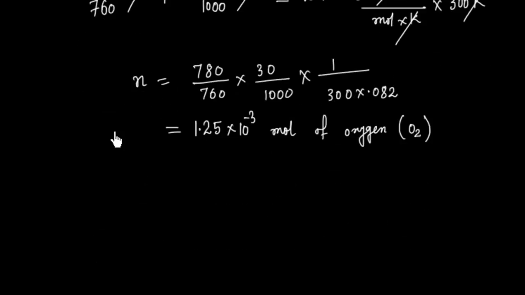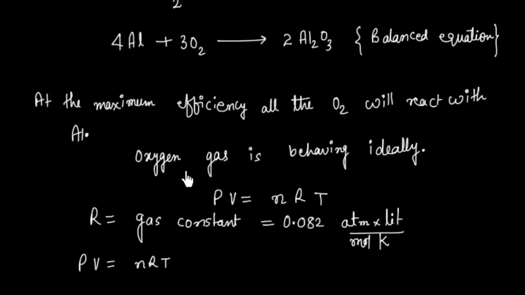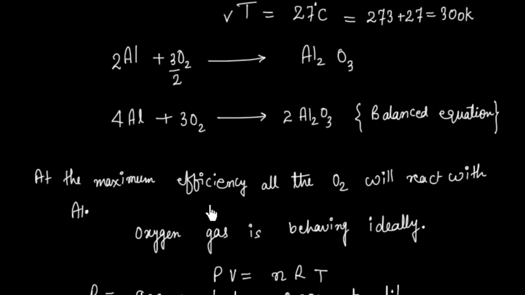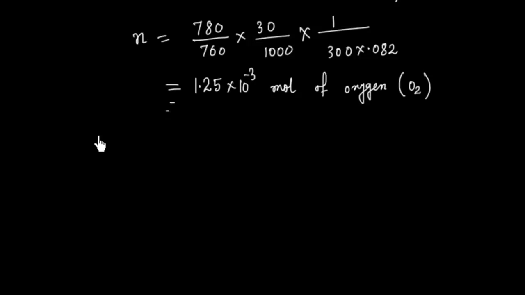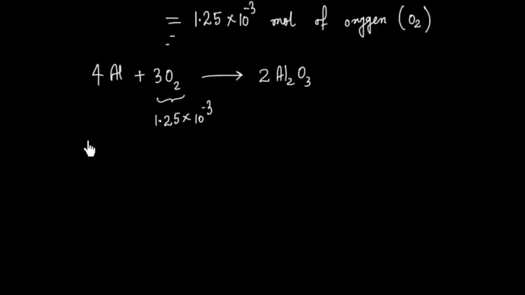Now I have the balanced chemical equation: 4Al plus 3O2 gives you 2Al2O3. The mole of oxygen is known, that is 1.25 into 10 to the power minus 3. Now we have to use the regular practice. 3 mole of oxygen reacts with 4 mole of aluminum.